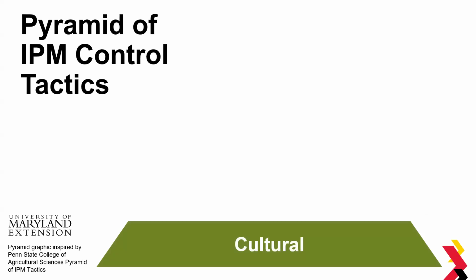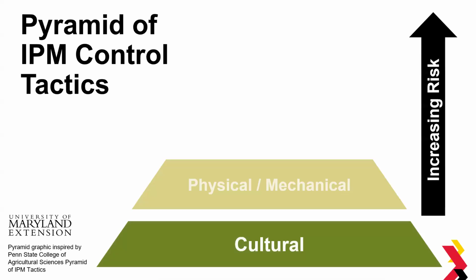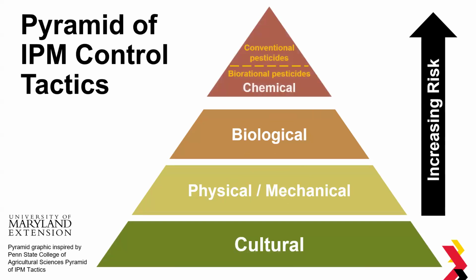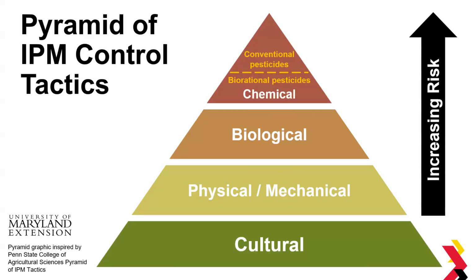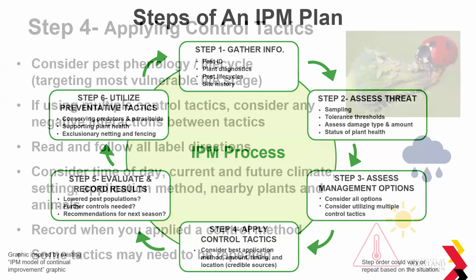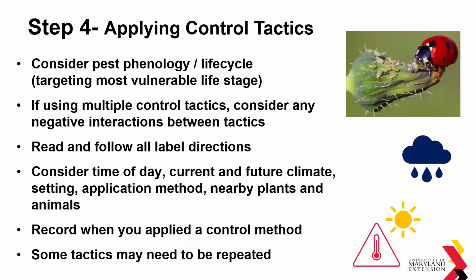So here we have our pyramid of IPM control tactics that we've learned about, with increasing risk as we move up that pyramid with our different categories. Now, we are going to learn about applying control tactics. I'm going to quickly go through this so we can really get to our case study.